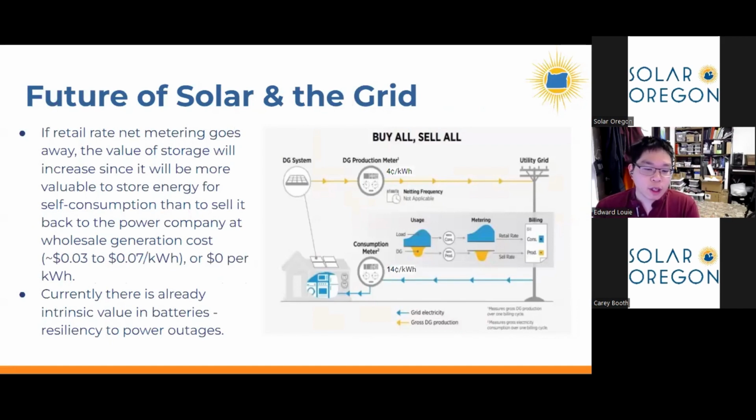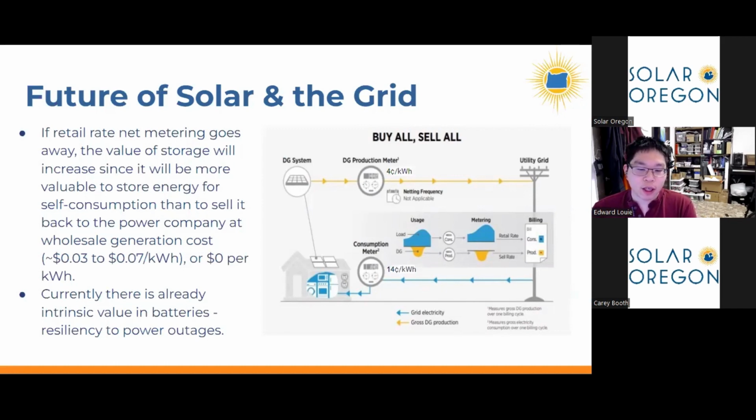One of the common ways that electric utilities address rooftop solar, if they're not going to do retail net metering, is that they will value the solar that you generate on your roof at some value less than retail rates. Oftentimes that value is the wholesale generation rate, which is literally the avoided cost.